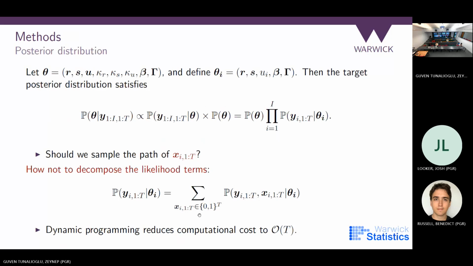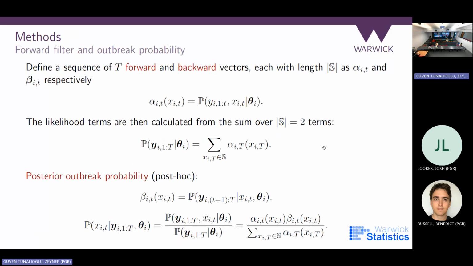But you don't want to do it this way in brute force, because this sum for just one spatial location contains 2 to the power of t items, where t is your number of time points, because 2 is the cardinality of the state space for the Markov chain. And as t increases, you can imagine that this also increases. Okay, so how do we handle that? This is known as forward filtering.